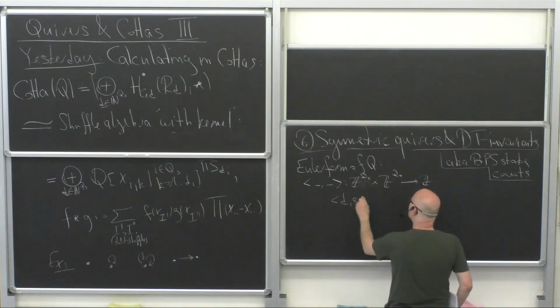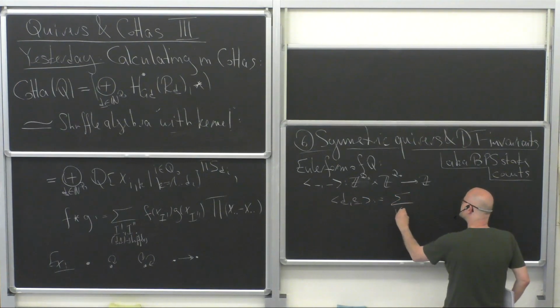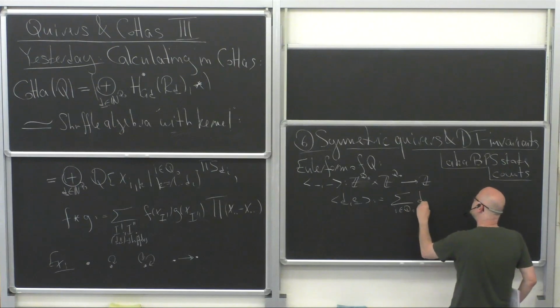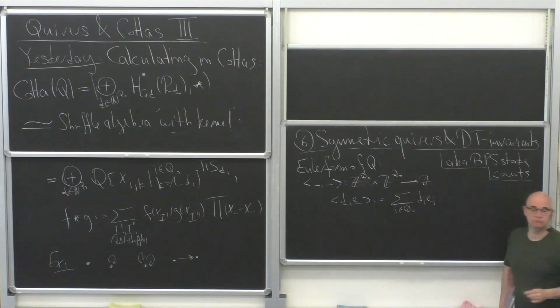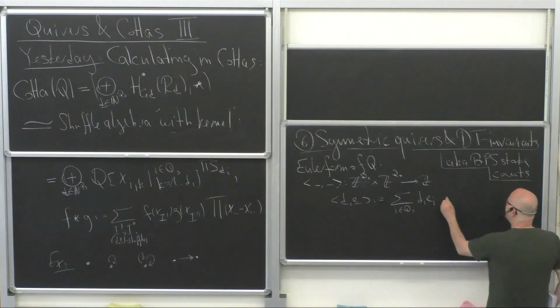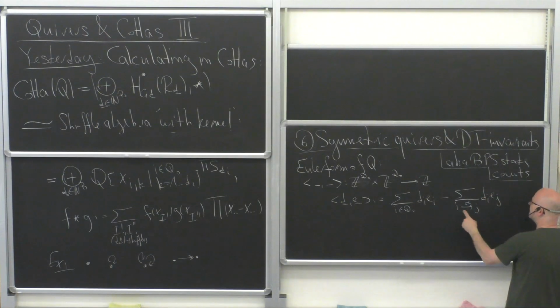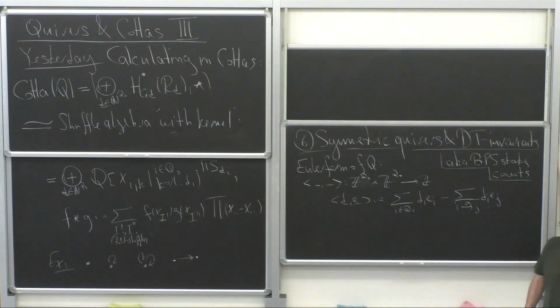The Euler form of two dimension vectors d, e: you take the sum over all i of d_i e_i, coming from the vertex structure of the quiver, and then we have a contribution from the arrow structure of the quiver. Namely, we take d_i e_j whenever we have an arrow alpha from i to j.